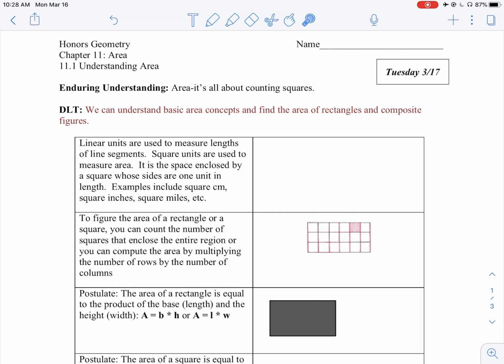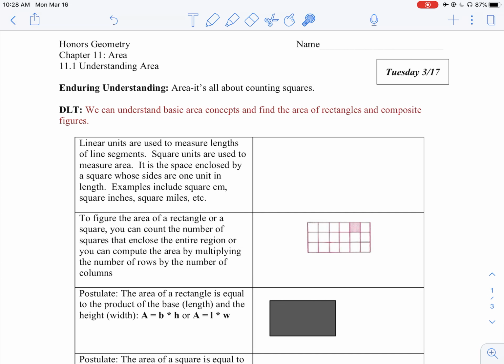But if you notice, every time I counted, there were 6 squares, and we did that a total of 3 rows. And so I could have gotten up to 18 by taking my 3 rows and multiplying them by the 6 squares per row, which takes us up to 18 again.